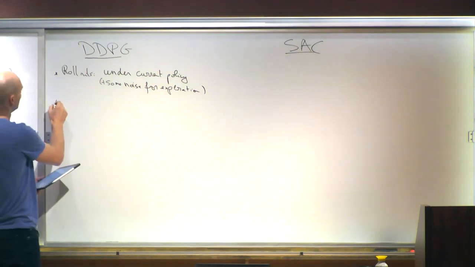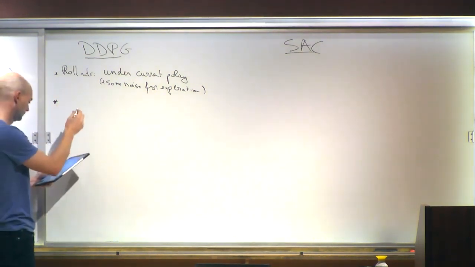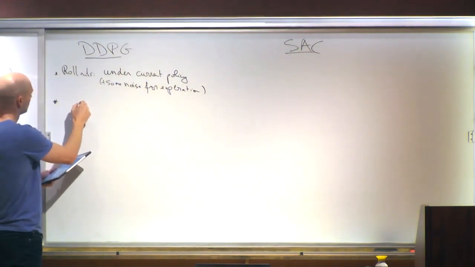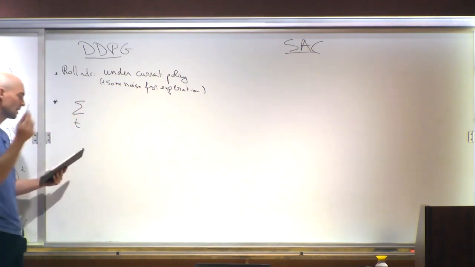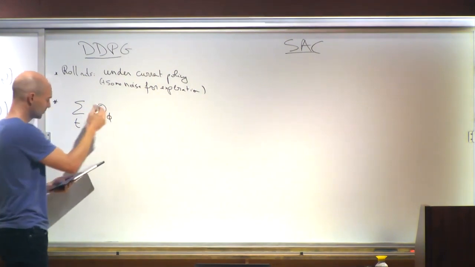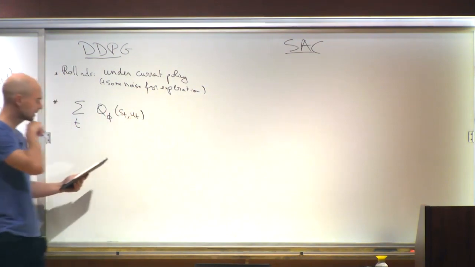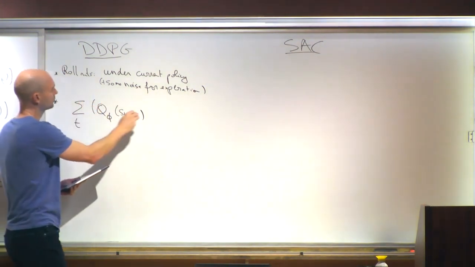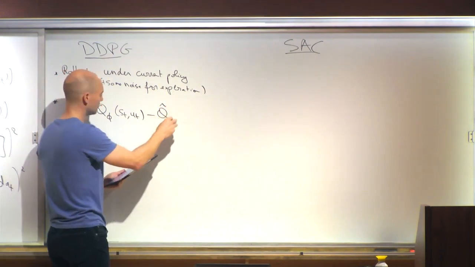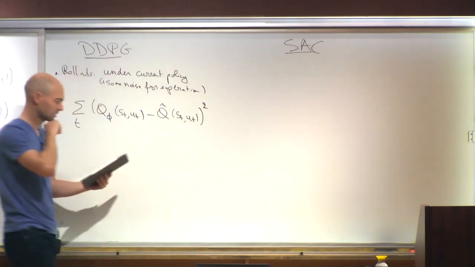Our objective is a sum over multiple time steps we've collected. Q phi, our parameterized Q function, at st after taking action ut should be close to our target, which here is called q hat for st, ut, and then maybe a squared loss.